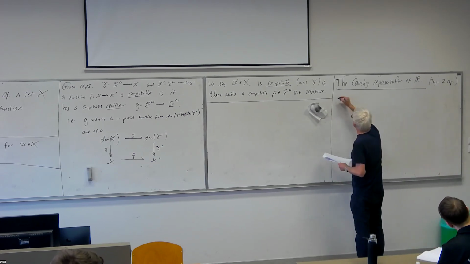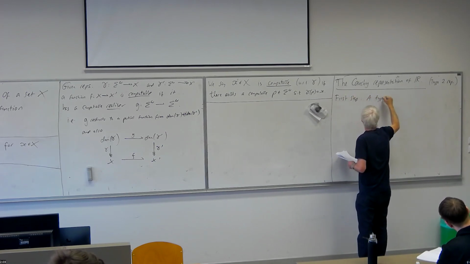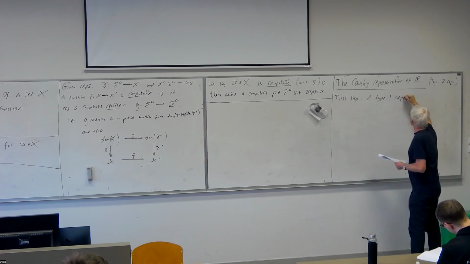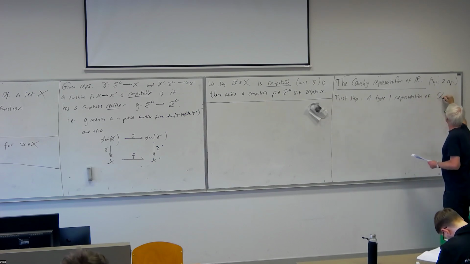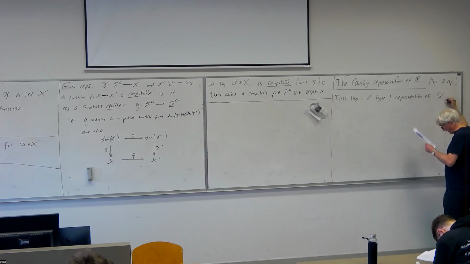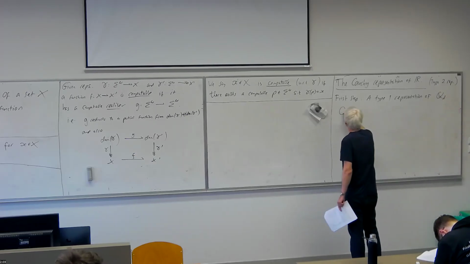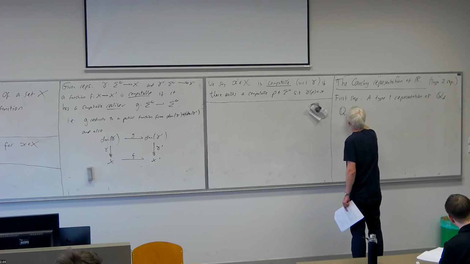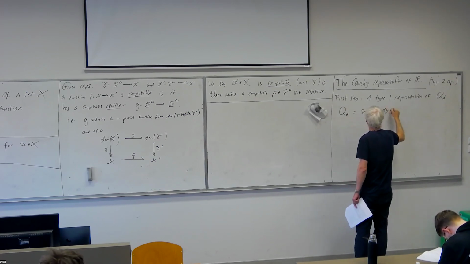So the first step, a type 1 representation of Q_d, Q little d equals the set of dyadic rationals.